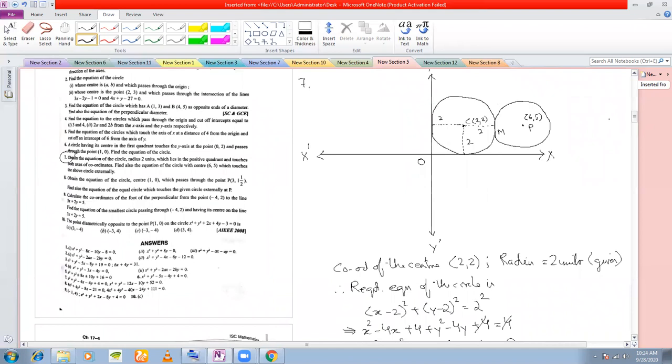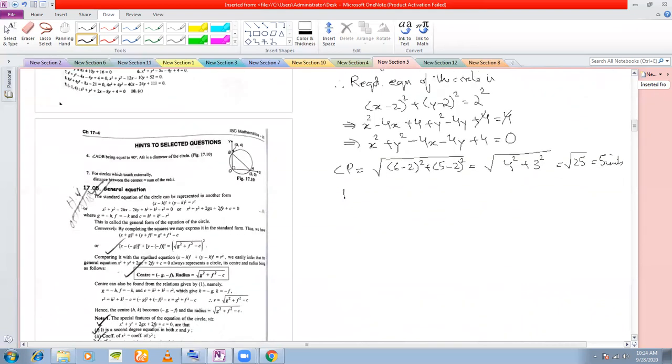And what is the radius CM? Radius of the circle with center C is 2 units, given. That is CM is equal to 2 units.